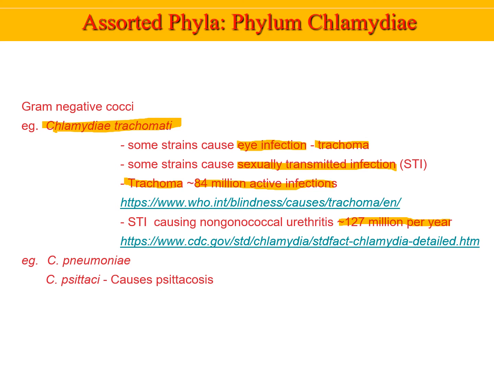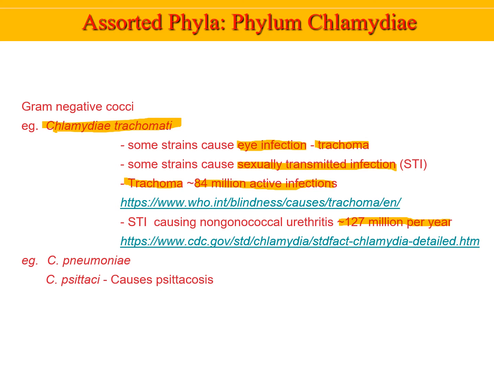Not that they all become blind, but many do. Most are treated and overcome the infection, but many are not properly treated and end up blind, which is a tragedy. 84 million cases of trachoma and 127 million cases of sexually transmitted disease, all caused by Chlamydia trachomatis.